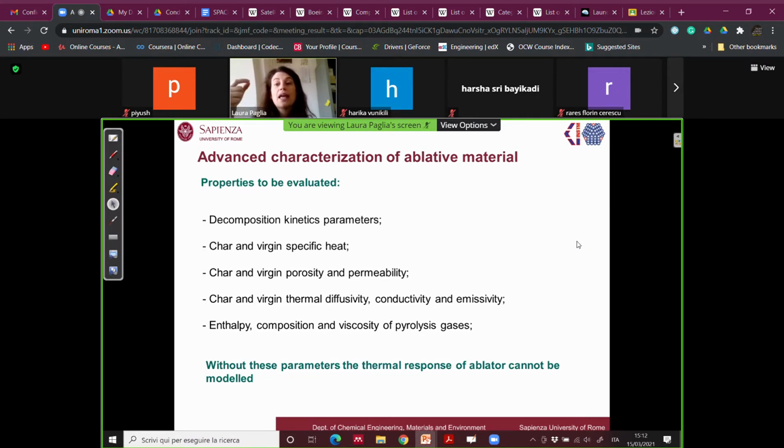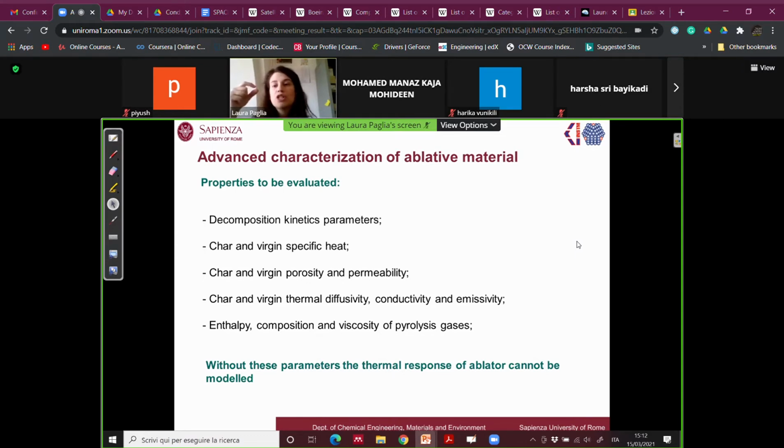Then there is an inner layer in which the pyrolysis takes place. And in this layer, we have the formation of gas. This gas has to flow through the porous material. So we also have to understand how this happens. And for this reason, we have to know the porosity and permeability of our materials.